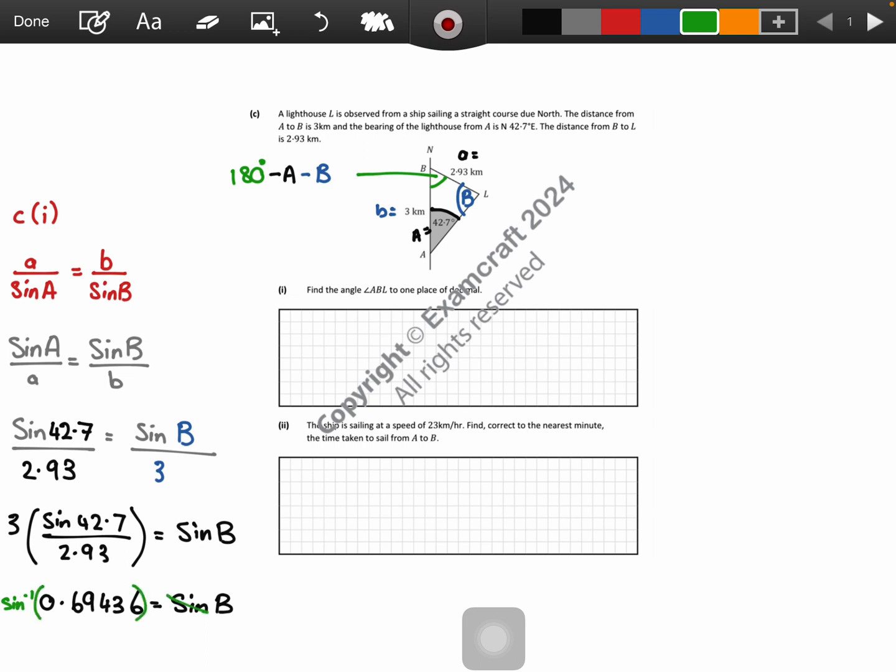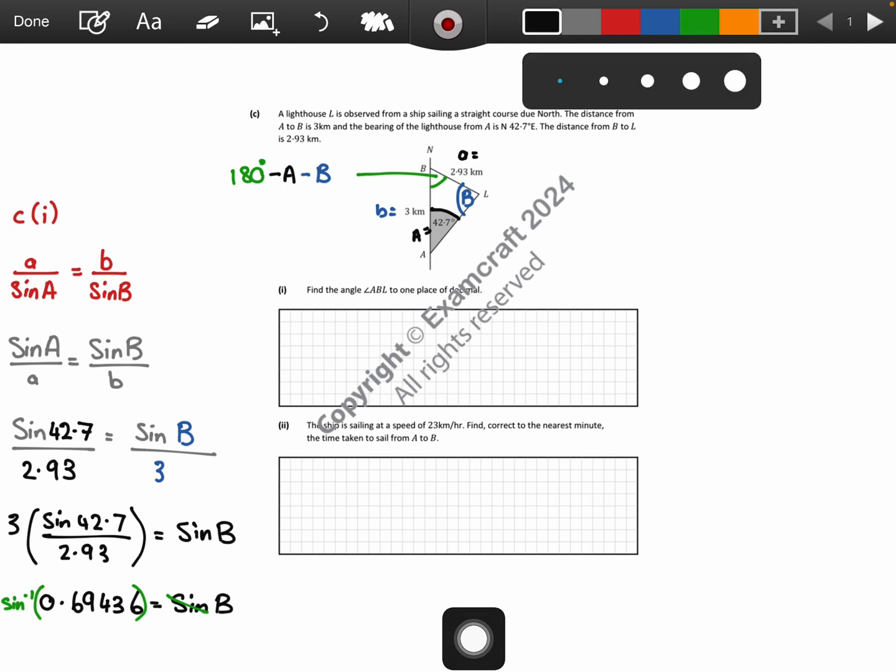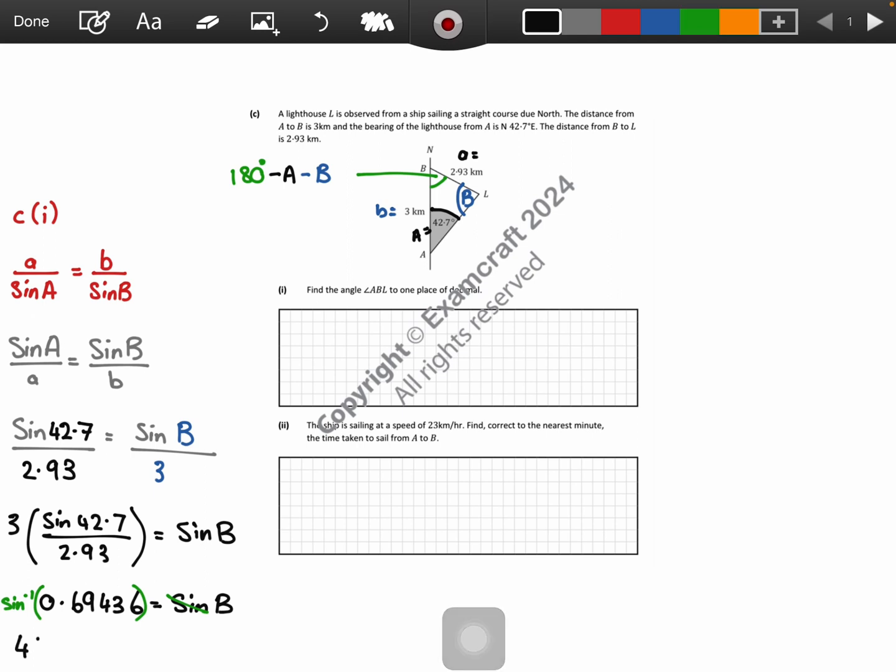Again, to allow for the fact that I've rounded here, in my calculator I'm not going to type those decimals in. I'm going to say inverse sine of, and then just use the answer button on my calculator, so that I get 43.97635379 degrees is what B is equal to.